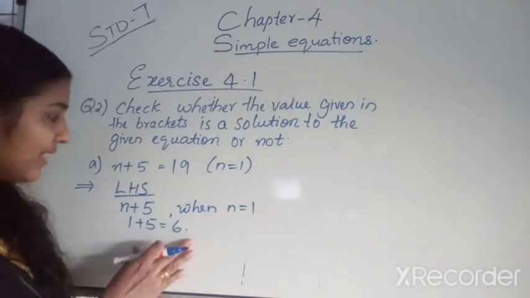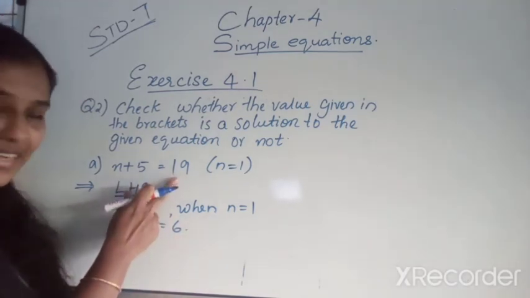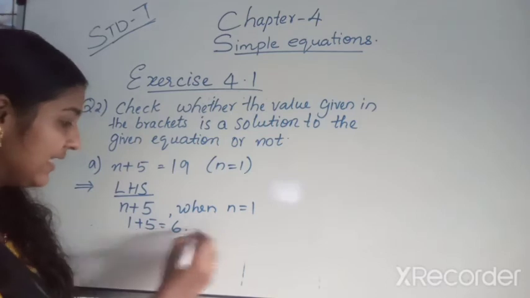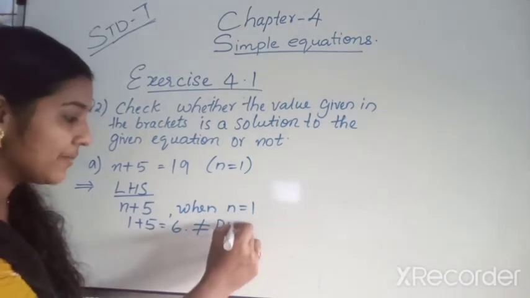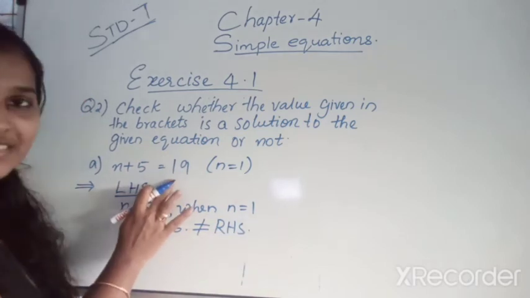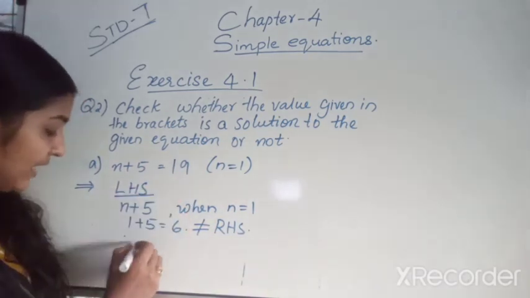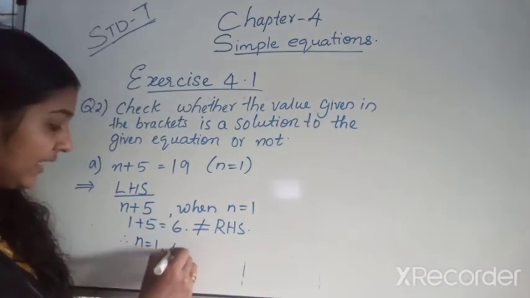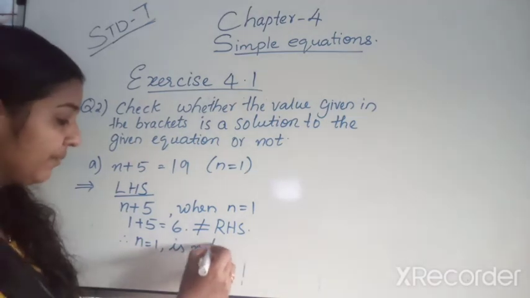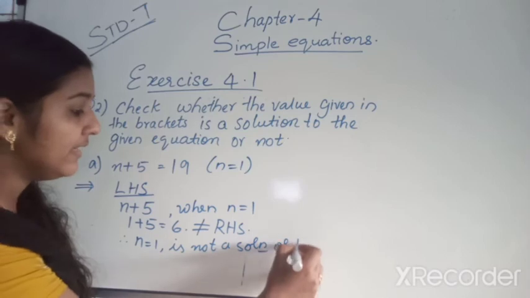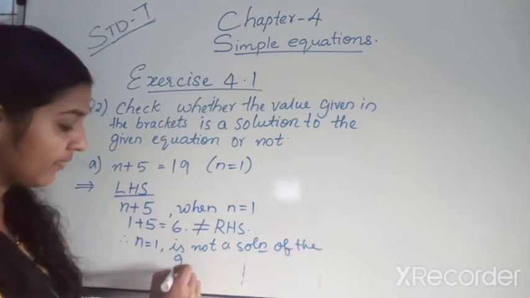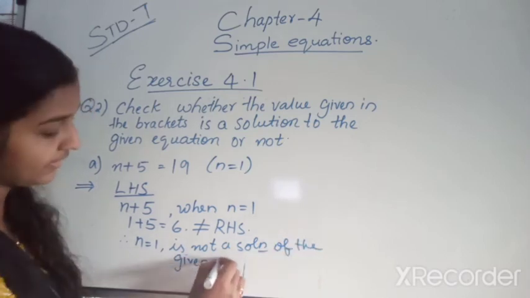Children, is it our RHS? No, RHS is 90, isn't it? So you can write 6 is not equal to RHS. RHS is 90. Therefore, n is equal to 1 is not a solution of the given equation.